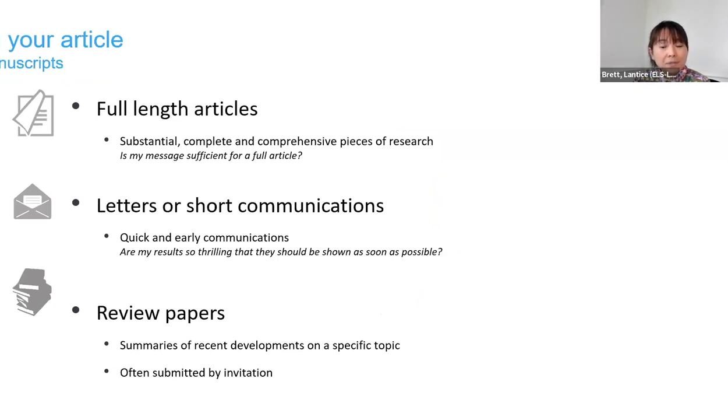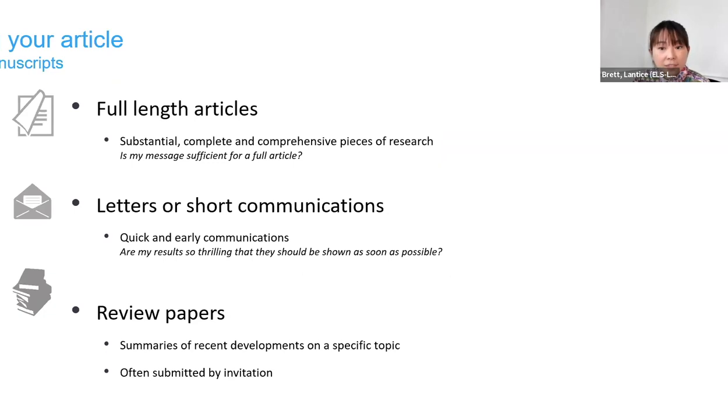There are various types of manuscript that suit different purposes. Full-length articles are the most frequent type. These are often substantial, complete, and comprehensive pieces of research that are of significance. Letters or short communications are quick and early communications of advances.